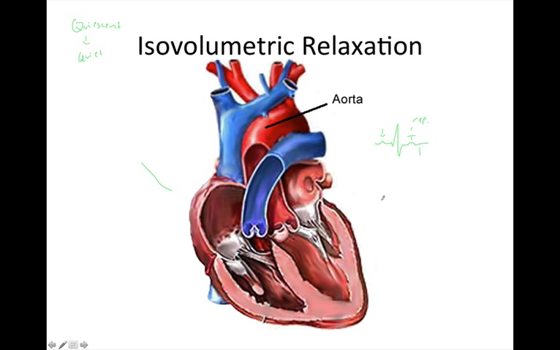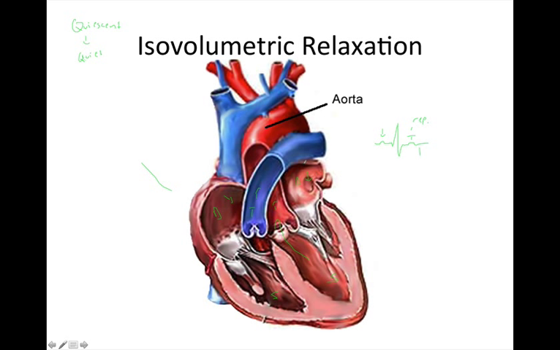Now, during this time, remember, while the ventricles are in systole, the atria are in diastole. So once we reach that ejection phase of ventricular systole, blood is going to start returning back into the atria. All right, so the atria are going to start refilling because remember, while one set of chambers are contracting, the others are relaxing.